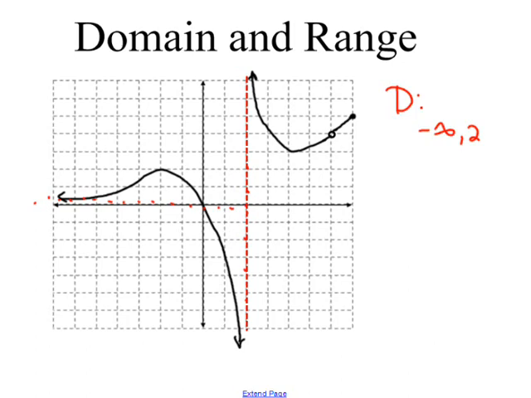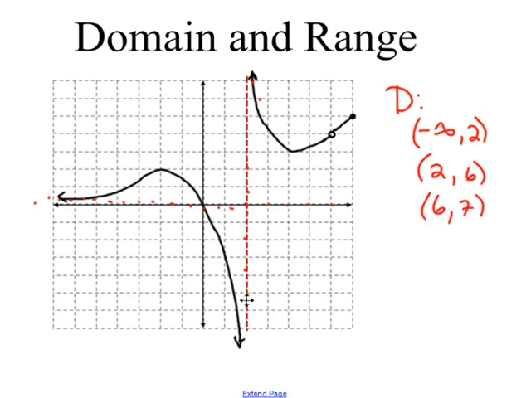And then beyond 2, it looks like everything's being taken on 2, 3, 4, 5, 6. But again, you see the 6 is not included. And 2 is an asymptote, so we can't include that one either. And then it looks like the values between 6 and 7 are.